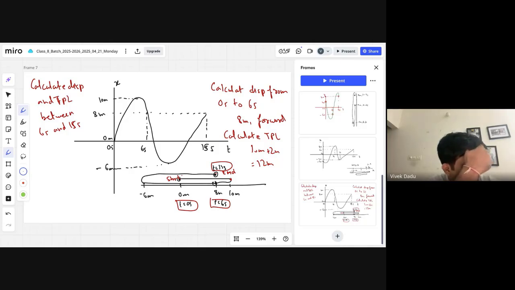No, Myra, still slightly wrong. TPL. Sohan, displacement is wrong. TPL is correct. Yes, sir. Same, exact same problem, Arihan. Displacement wrong, TPL correct.